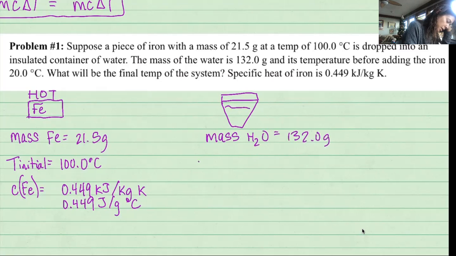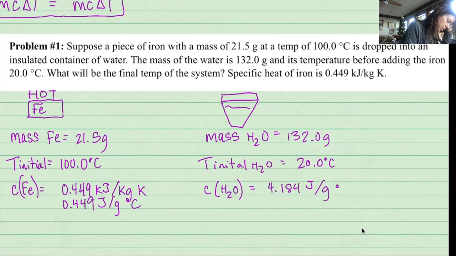The initial temp of the water in the cup is 20 degrees Celsius, and the specific heat of water is 4.184 joules per gram degrees Celsius. And we need to know what is the final temp.